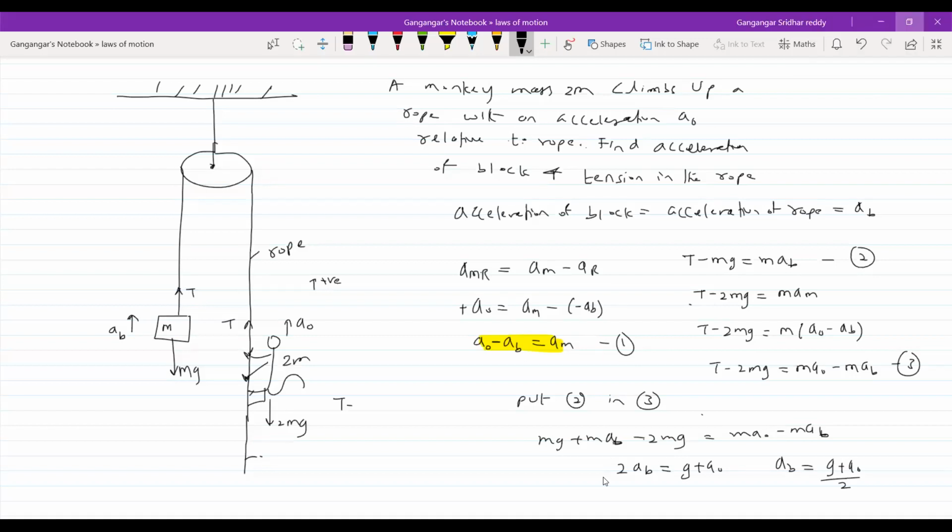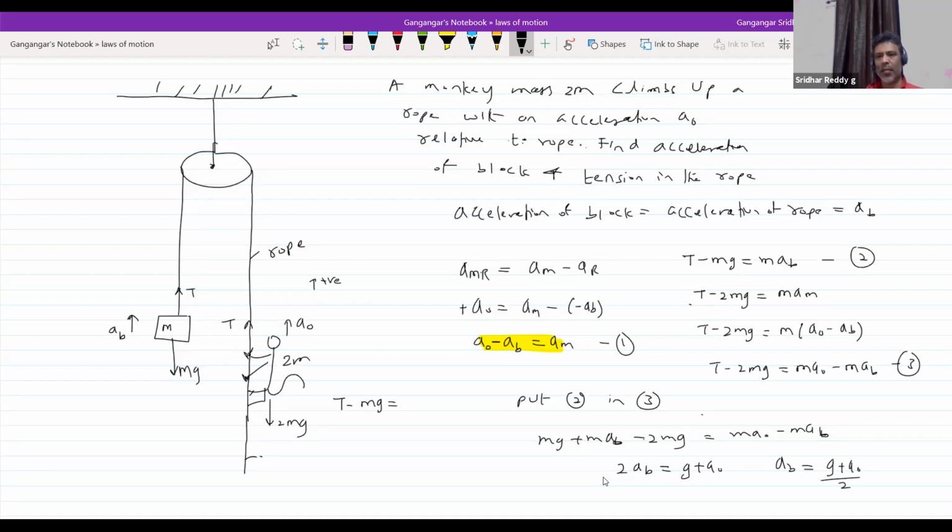Sir, isn't T minus 2mg equal to 2mAM, sir? The mass of the monkey is 2m, right? No, I'm substituting this value, equation 2 in 3. So T equal to mg plus mAB. In the third equation, the mass of the monkey, okay, 2 is missing here.